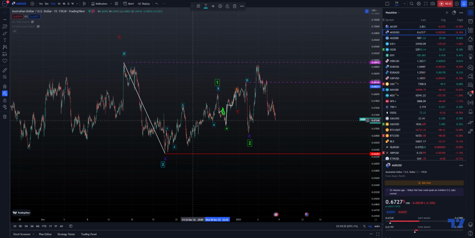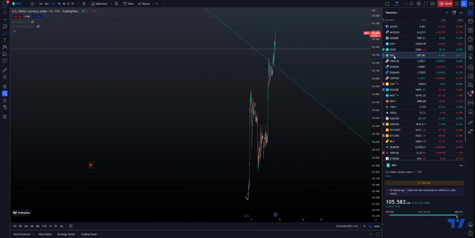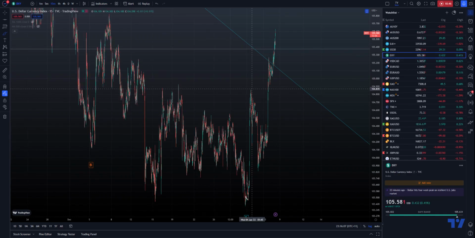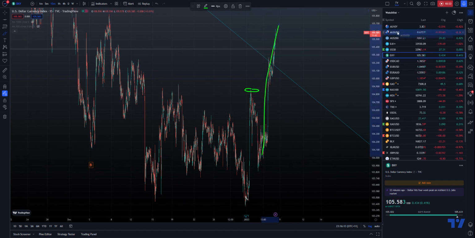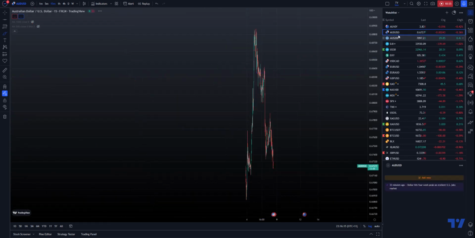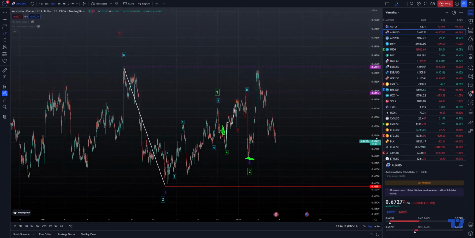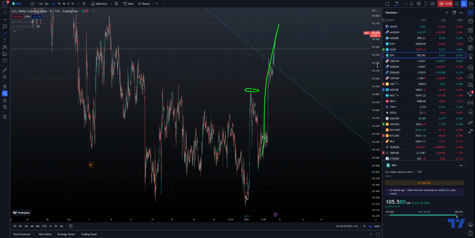But considering that Aussie dollar was down here at this point here, when the US dollar was at this point here, and it's then now come back higher, and Aussie dollar hasn't made a new low, that means something. So we'll leave it at that for the US dollar, and I'll come back and talk about the Aussie.